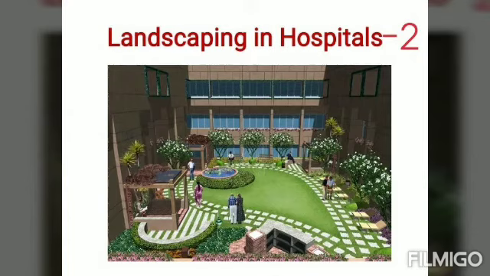So the best medium trees that we can use are Ficus infectoria and Eugenia operculata, which are extensively suitable for greenery in the hospital. So these were some of the important things that we discussed in the previous class. Now we'll continue with it in this slide.